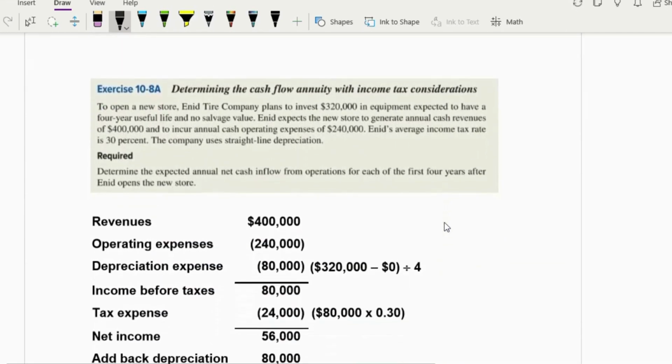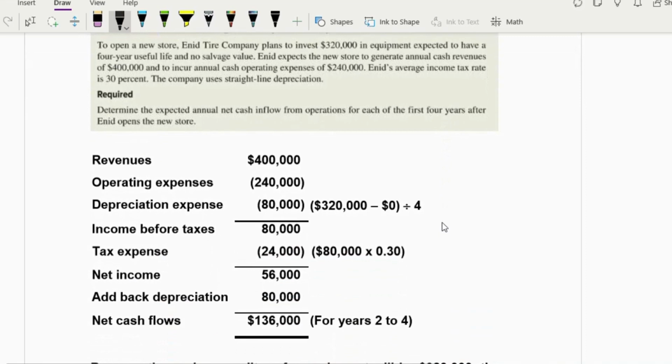Moving on to exercise number 10-8. To open a new store, Enid Tire Company plans to invest 320,000 in equipment expected to have a 4 year useful life, no salvage value. So this is the investment outflow. Enid expects the new store to generate annual cash revenue of 400,000 and to incur annual cash operating expenses of 240,000.